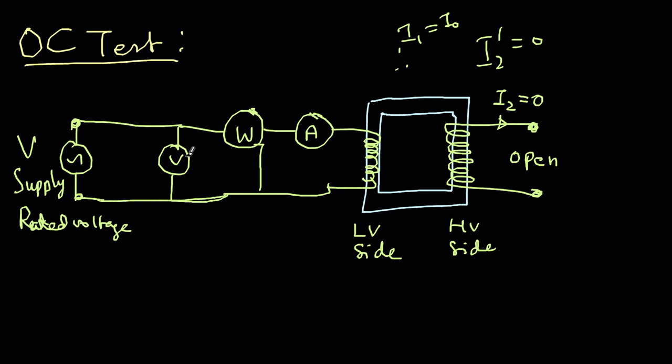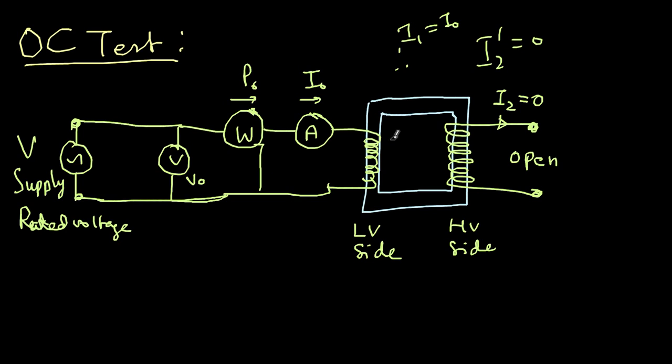This voltmeter will tell me whether I am applying rated voltage or not. Sometimes we don't know what voltage is being applied, so we can measure that. This wattmeter will tell how much is the input power, P0, and this ammeter will tell how much is the current I0. This voltmeter will give me the V0 reading.